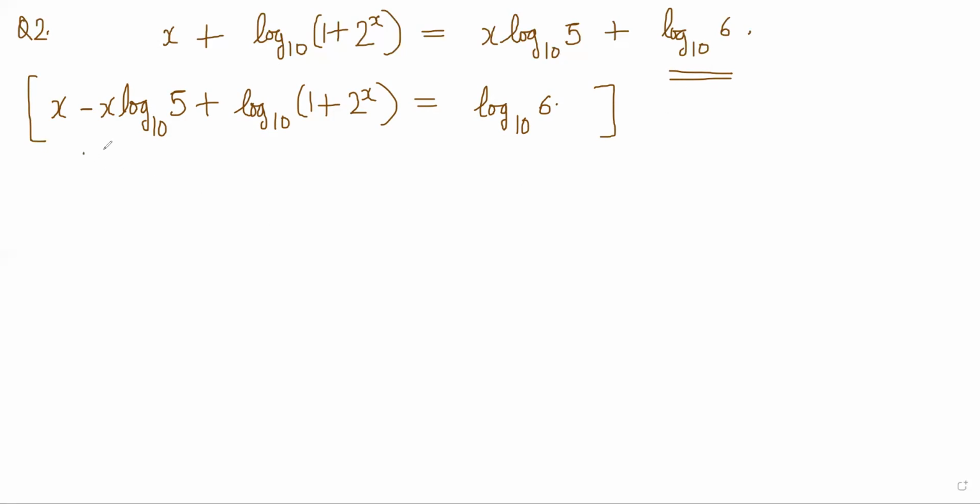Now, if you can find some way to simplify this, then your question will be done. So what can you do to simplify the LHS? That is what you should think on.